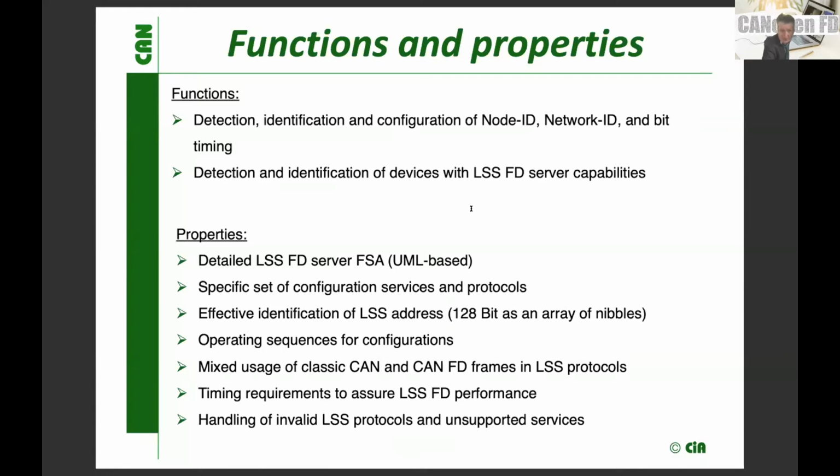So the primary function of LSS or layer setting services is actually to set up the device's address. Nowadays in CANopen FD, we have two addresses. It is the node ID of the device, a unique identifier, and the network ID. This identifier of the device says about its network belonging.